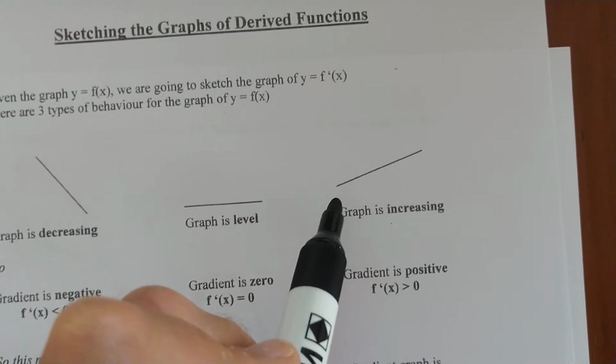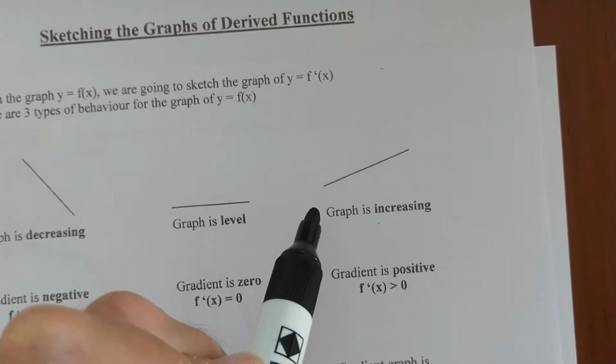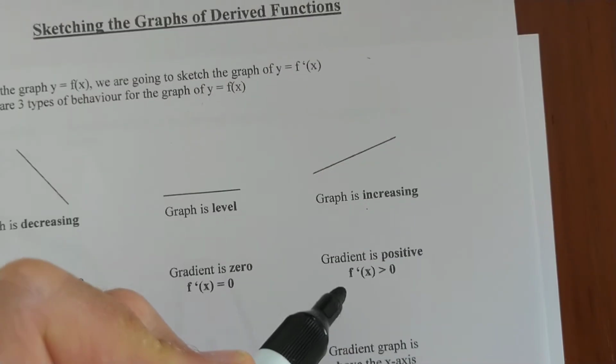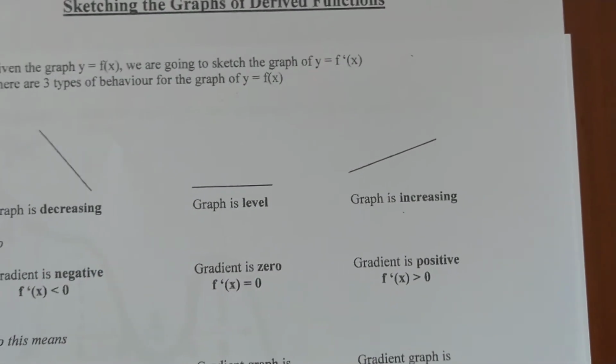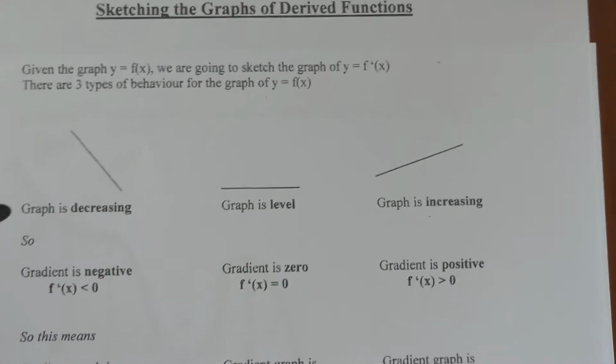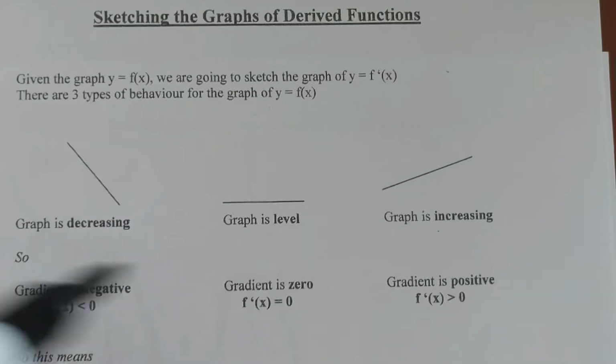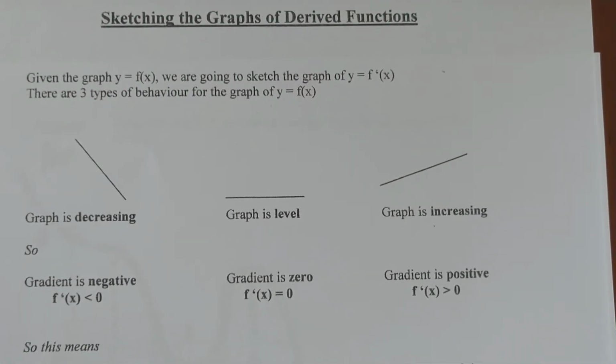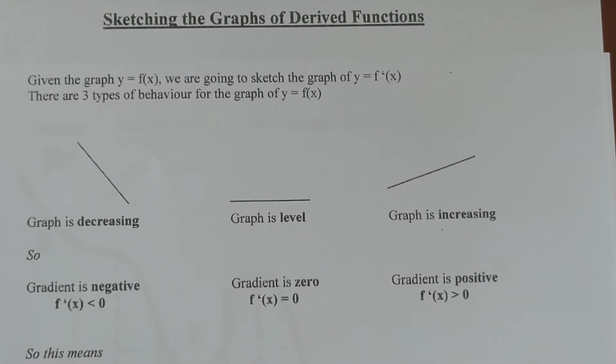And of course, if the graph is going up from left to right, if the graph is increasing, then we say the gradient is positive. And if we can remember these 3 things, then that is all the new knowledge we need, and it's old knowledge, of course, to do this question.